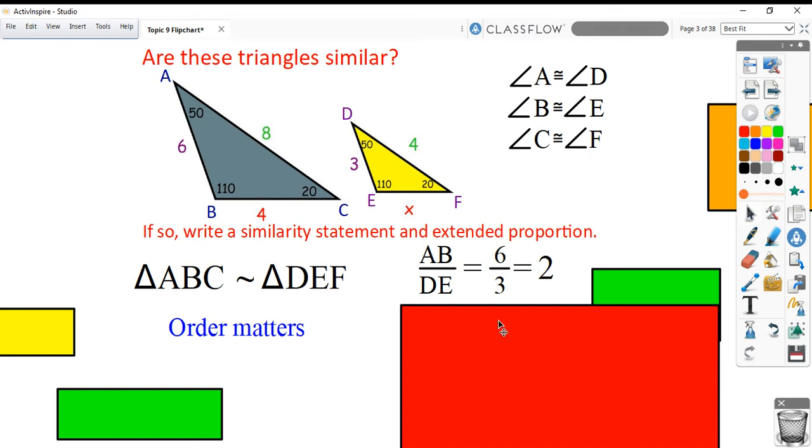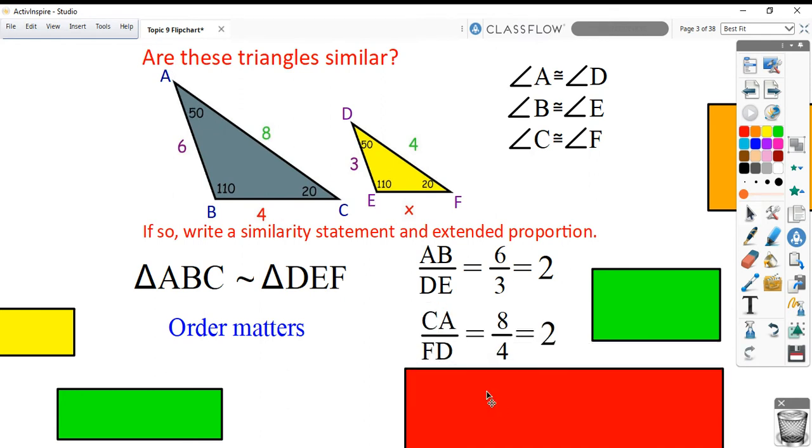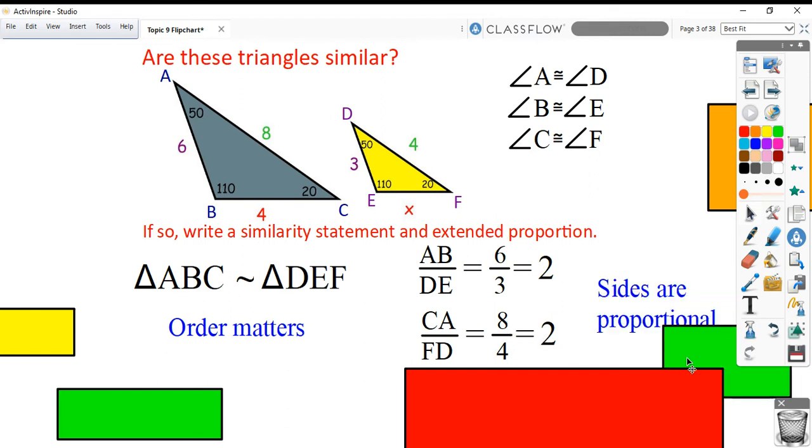That's 6 divided by 3. And you look at this other side that's given to us, CA and FD, a length of 8 and a length of 4. So that proportion is the same. It's 2. These two sides that are given to us are proportional.